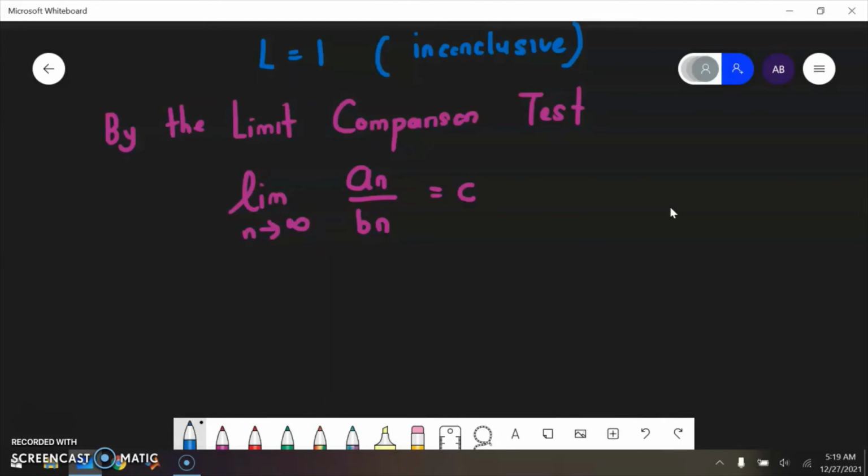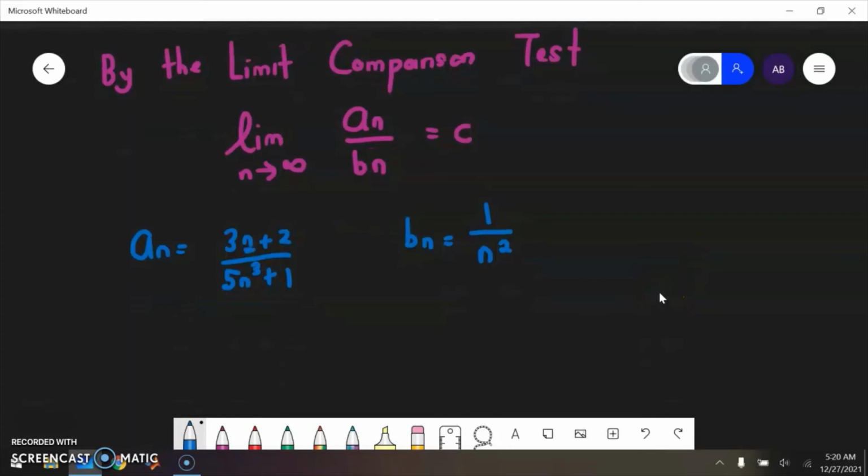So if this is your a_n, the given a_n is 3n plus 2 over 5n cubed plus 1. Now the suitable comparison for b_n: this is n here and n to the power 3 here, so it should be 1 over n squared. So you can compare with 1 over n squared.